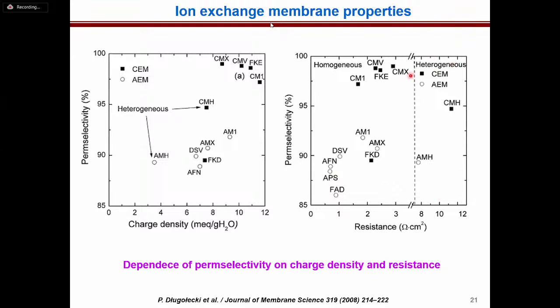If you are able to make membranes with very high perm selectivity and very low resistance, like in this region, you are really excellent. It's very challenging to make membranes in this region. That is one of the challenges in our research, at least in the technologies that I am using, which I will show you in another lecture.